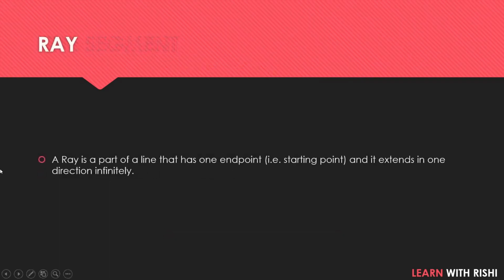Next thing is ray. What is a ray? A ray is a part of a line that has one endpoint, which is the starting point, and it extends in one direction infinitely. As you can see here, the dot indicates the starting point, or you can say the endpoint. In this direction the line is not extended.